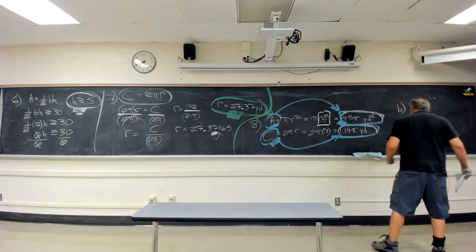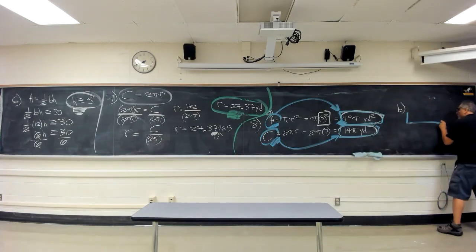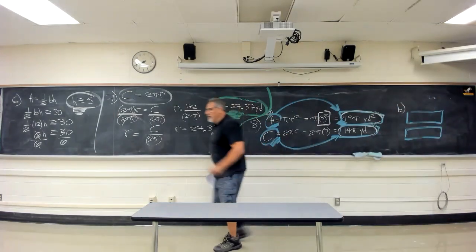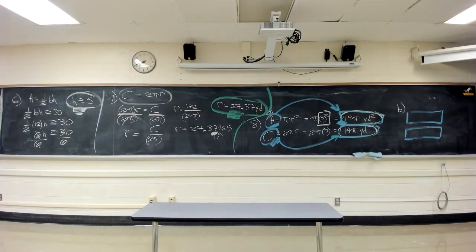It should be pretty straightforward stuff. 49 times pi, and let's see what it does for us. 153.938. That rounds to 153.94.